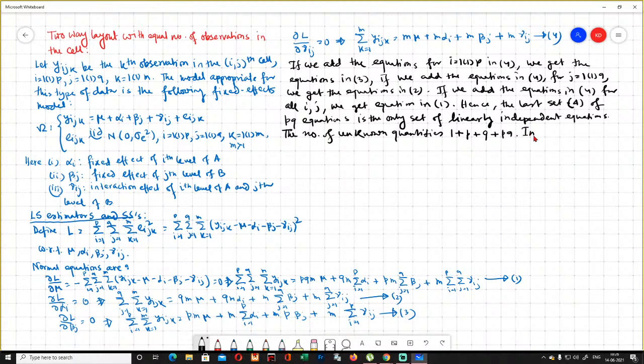In order to get unique solutions, we impose p plus q plus 1 linearly independent additional restrictions.